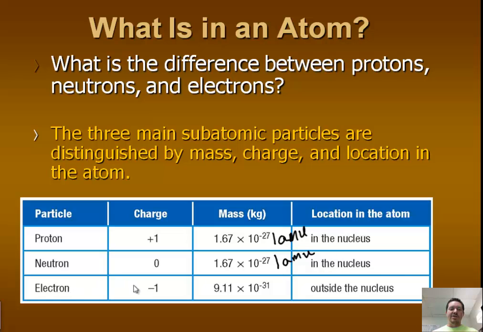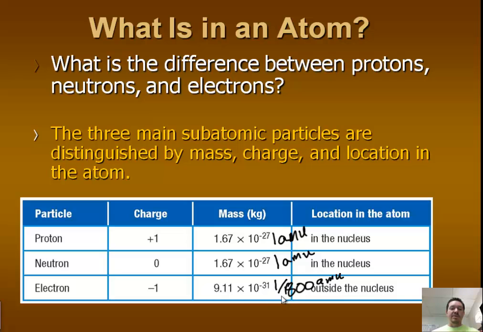And then we have an electron. It has a negative 1 charge. And we're going to say that it has a mass of 9.11 times 10 to the negative 31st kilograms. And this is approximately 1 over 1,800 AMU.